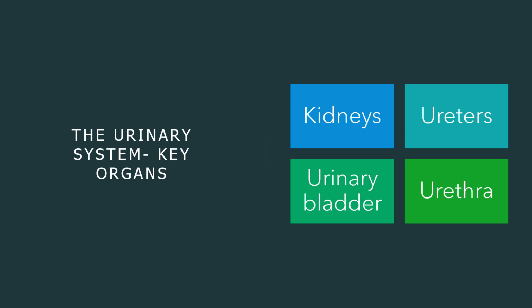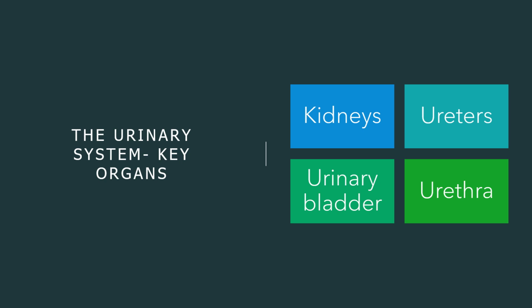So the urinary system, the key organs here are the kidneys, ureters, urinary bladder, and the urethra. The urinary system, also known as the excretory system, comprises a complex network of organs responsible for filtering waste products from the blood and also maintaining the body's fluid and electrolyte balance.